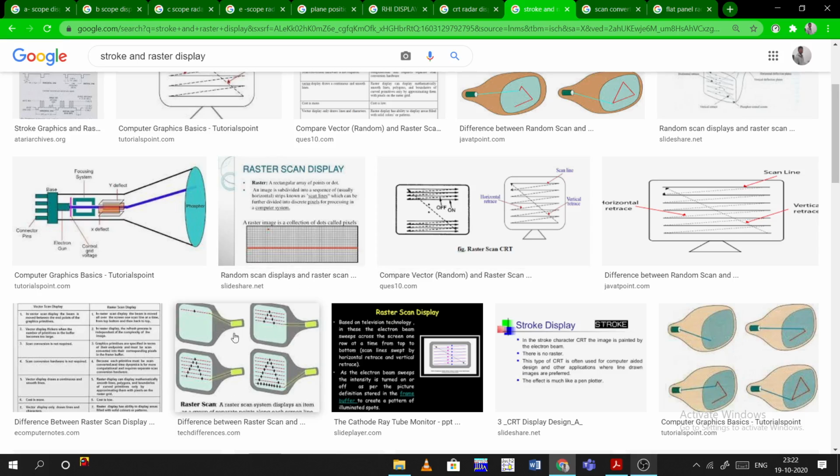Let us take this example. The first line is scanned and there is one dot in it, the second line has two dots, and so on. It highlights only the image pixels in that region. After scanning all the lines, one image appears, and then again the next one.